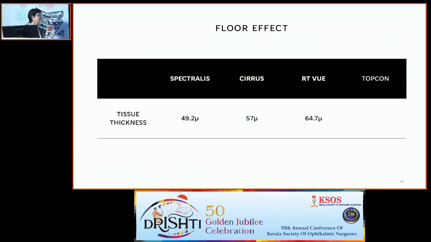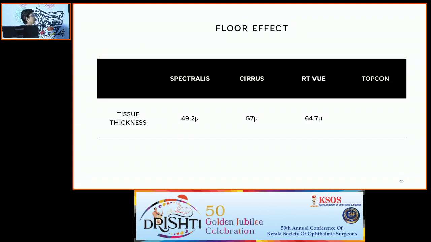Floor effect, I think by now almost everybody knows what the floor effect is and what parameter is to be taken for each machine to be considered as floor effect. For Spectralis it is 49.2, for Cirrus it is 57 microns, and for RTVue it is 64.7.